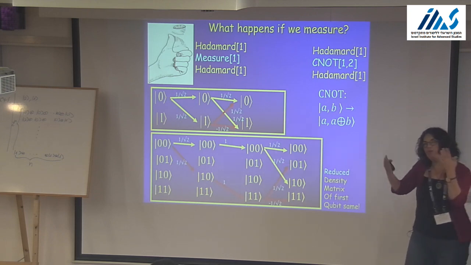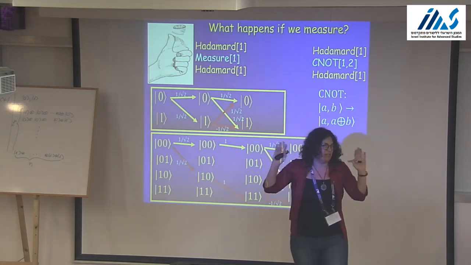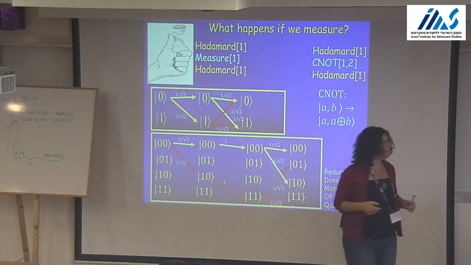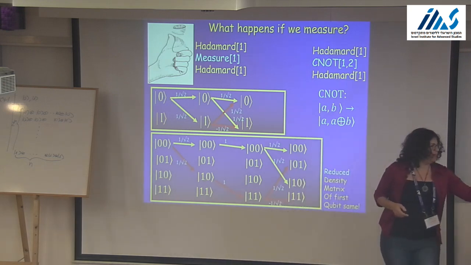And we'll have to argue why the fact that the density matrix is the same means that they're actually equivalent physically. What is the significance of this equivalence? We'll see in a moment.